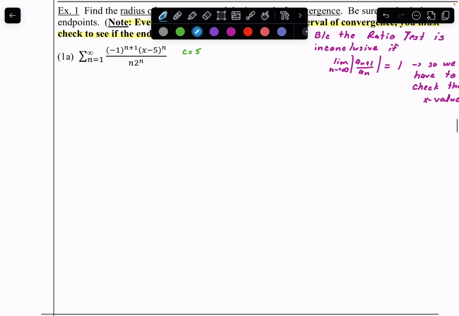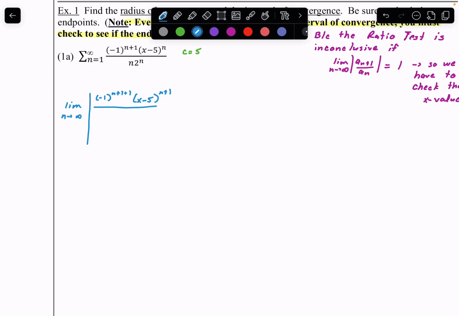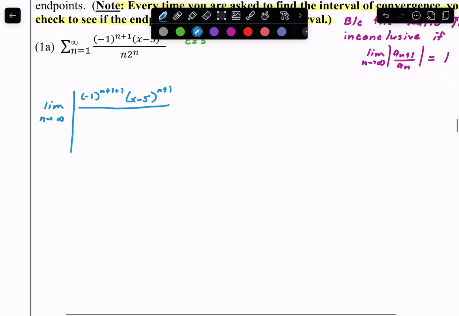So I'm going to start off by doing the limit as n goes to infinity of a sub n plus 1 over a sub n. Zoom in a little bit here. We're plugging in an n plus 1 everywhere there's an n.